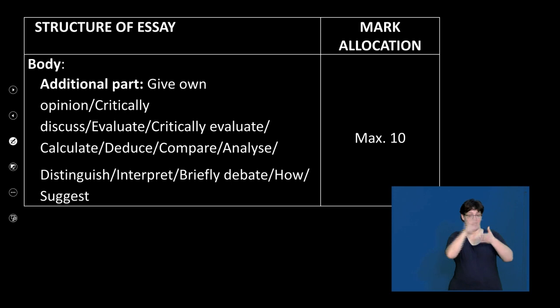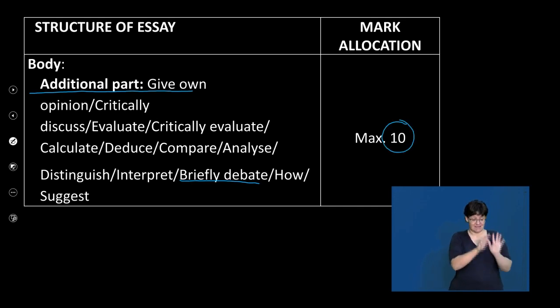The third part of your essay is the additional part, where you will be asked things like give own opinion, critically discuss, evaluate, critically evaluate, calculate, deduce, compare between, briefly debate, how, suggest how, distinguish between, etc. This carries 10 marks.